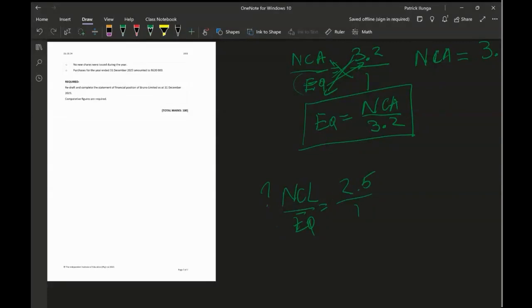So what this means is that non-current liability equals 2.5 times the equity. You have the equity, you are looking for the non-current liability, you just use this. Easy, easy, easy.